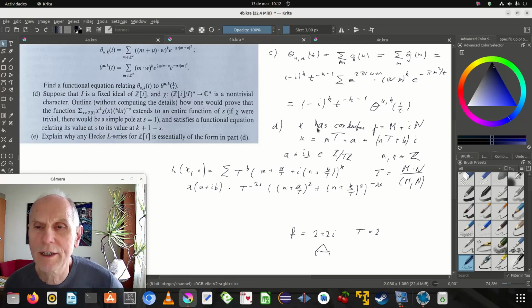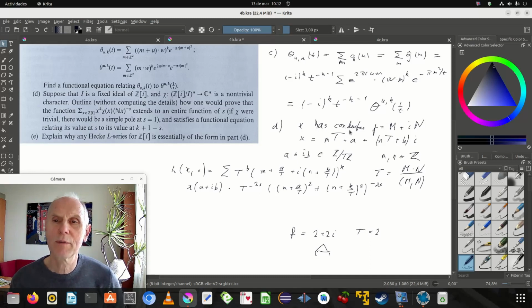Well, instead of constructing it, we can make an abstract argument and say that the residue field is finite, and therefore there's only a finite number of residue values on the real and complex axis, and the generator of that we call t.